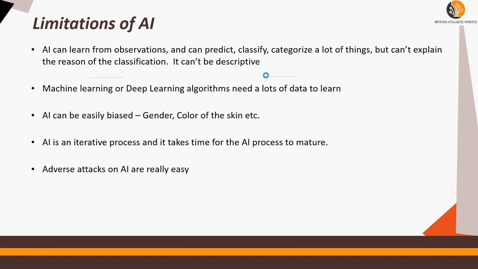Nobody touched the model, but the input given did not match the input the model was trained on. The input was a stop sign with a yellow, blue, or whatever color sticker. A human can understand, oh, there's a sticker and it's a stop sign. But an autonomous car trained with a regular stop sign may not be able to identify that it's a stop sign. So it's very easy to attack.